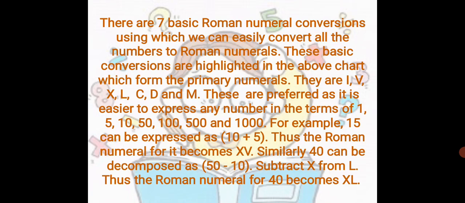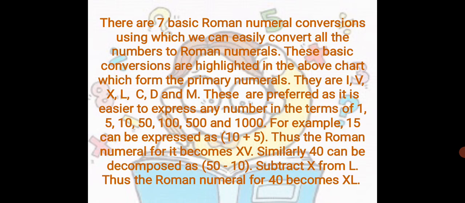What are the 7 basic alphabets we use for Roman numerals? We have already come to know about that when we saw the Roman numerals chart. But even then, now again I will discuss with you what are those 7 English alphabets which we use to form Roman numerals.